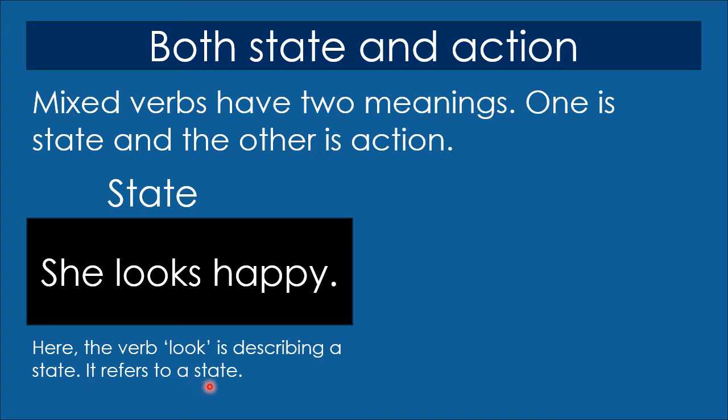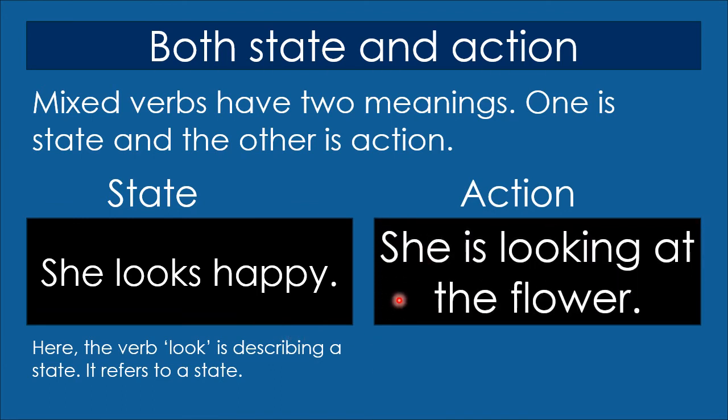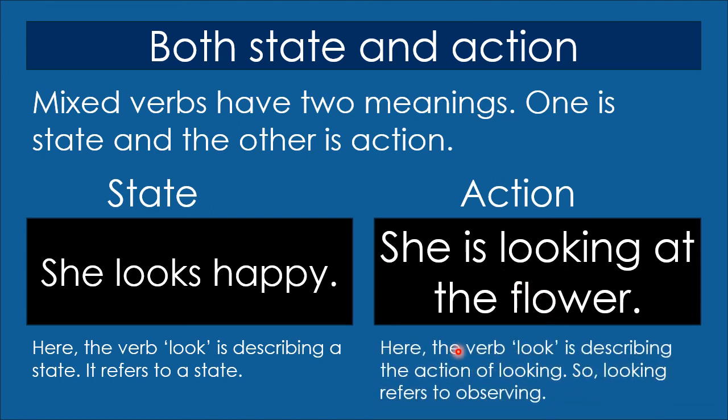It refers to a state. Now look at the example again. She is looking at the flower. Here, look is used as an action verb because it's referring to an action.